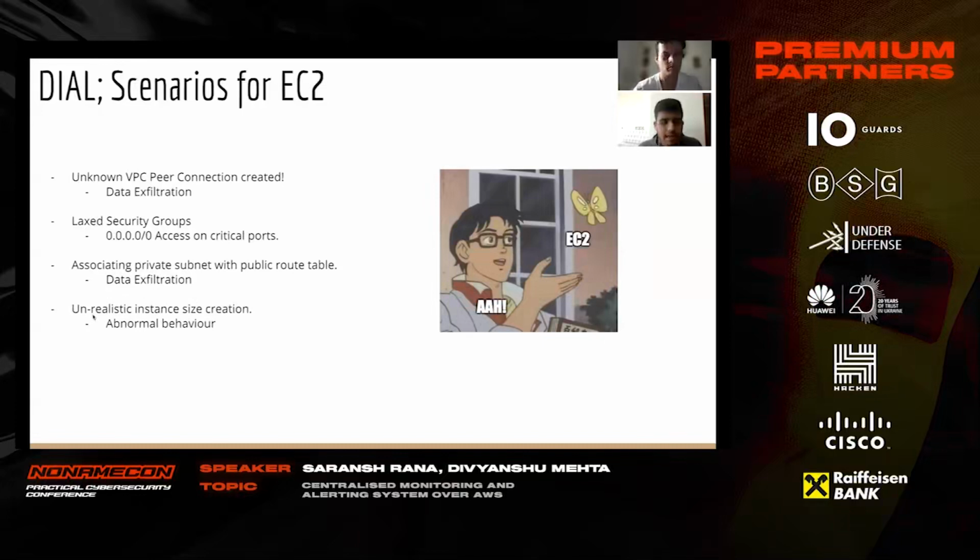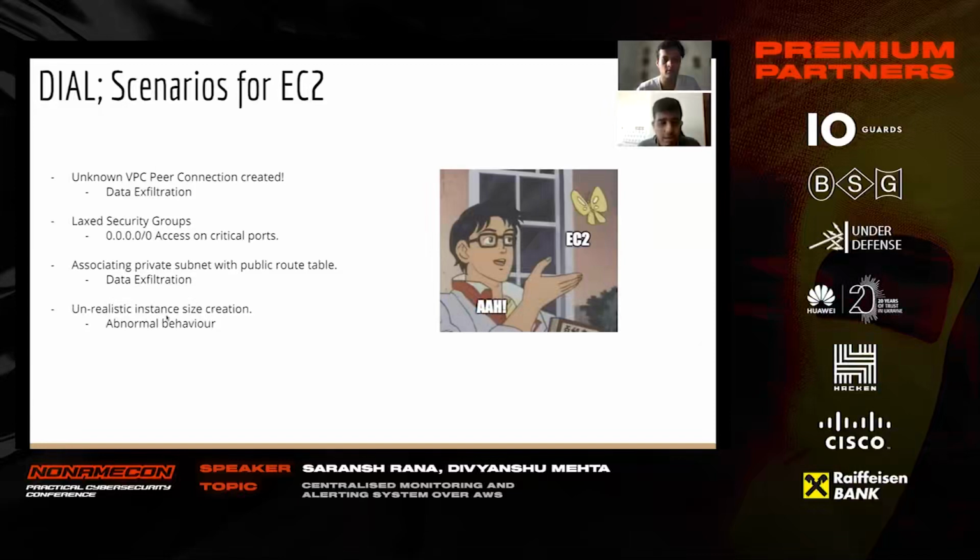And lastly, we have unrealistic instance size creation. What I mean by this is you as an organization are not using C series instances, which have 96 cores or terabytes or gigabytes of memory, and then someone randomly comes and creates multiple of those instances.